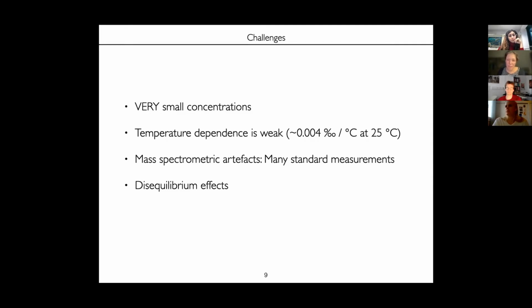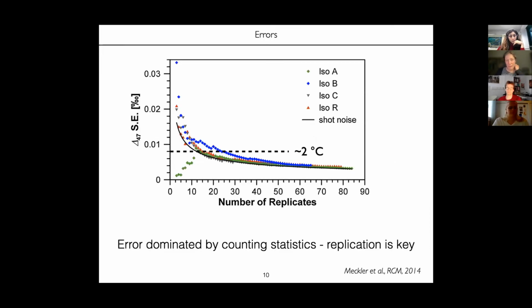Just one plot to show you what I mean by many replicate measurements, or why that's important. This figure shows the standard error of the mean of a clumped isotope measurement done on carbonate standards, in this case 4 different ones, the 4 different colors. You see the standard error of the mean against the number of replicates, the number of repetitions of measurements for each of those.